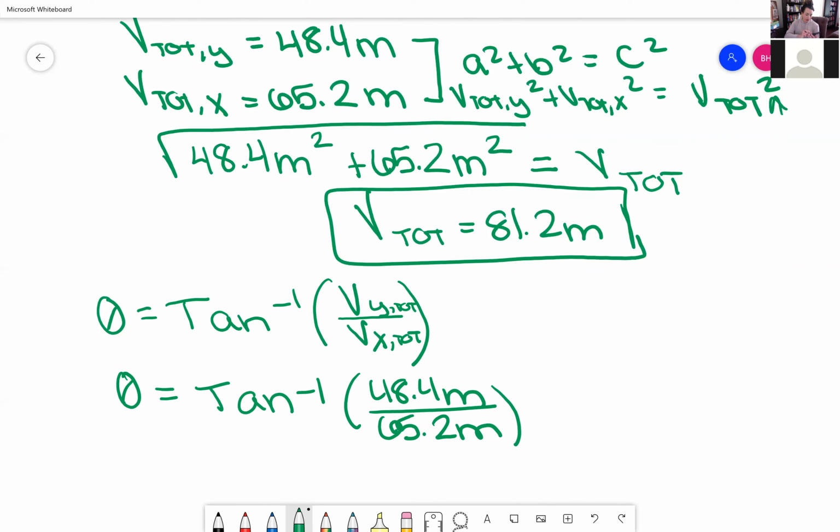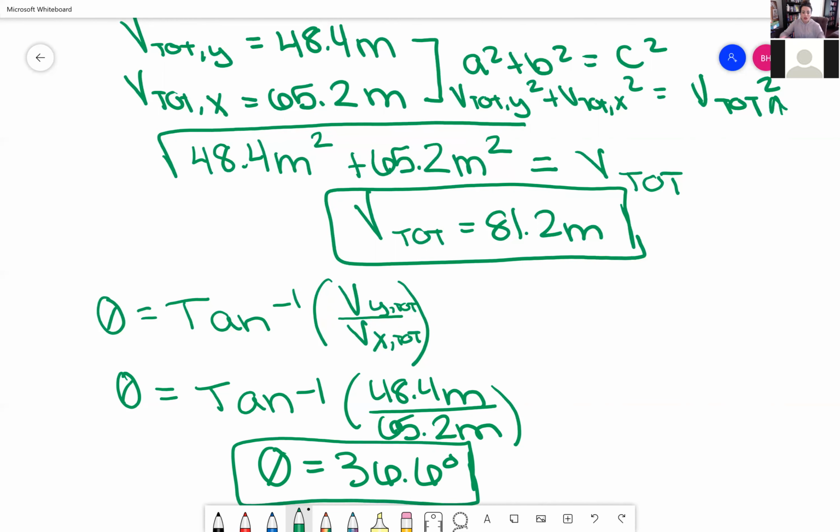And so 48.4 divided by 65.2, and I'm going to take the inverse tangent, and my angle is 36.6 degrees.